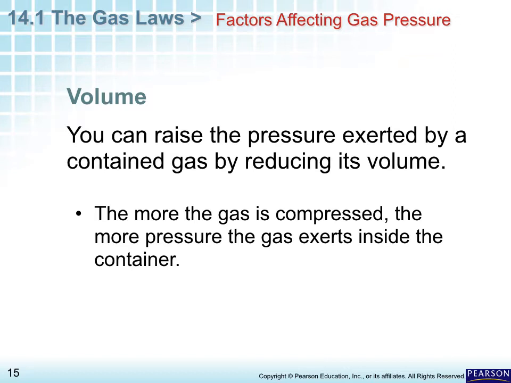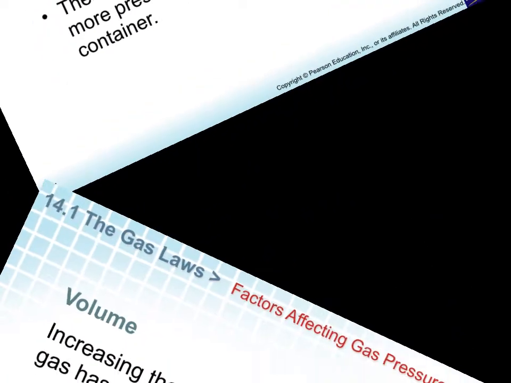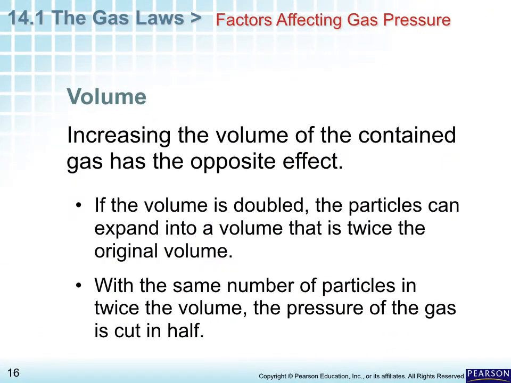You are trying to get the balloon to be smaller, which increases the pressure, and then the balloon will pop because you go past that breaking point. Raising the volume has the opposite effect. If you take the volume inside a container and you double it by making the container larger, since you have the same number of particles and twice the volume, the pressure goes down because there are fewer collisions.